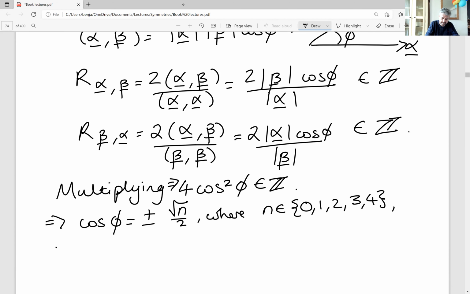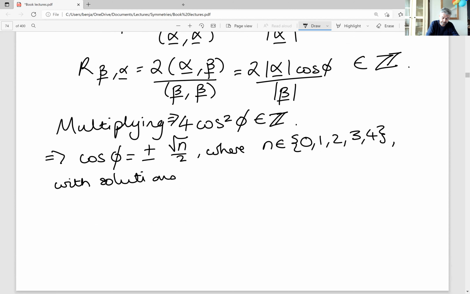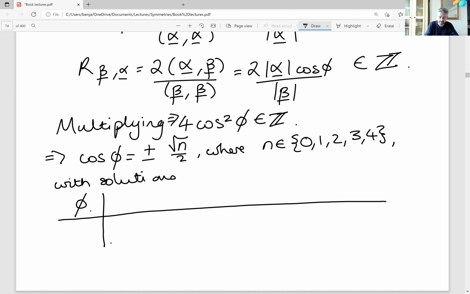And the different possibilities are given by the following table. So when phi is equal to 0, cos phi is obviously equal to 1.